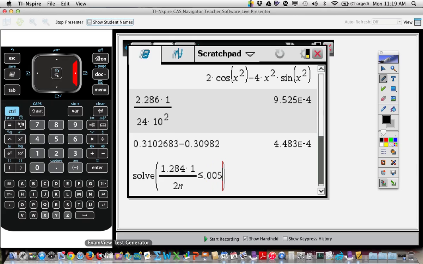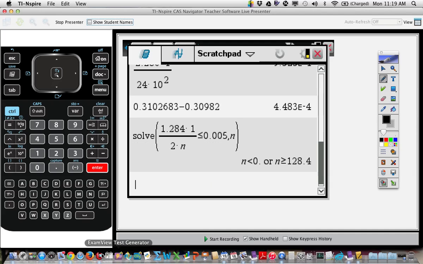Tell it you're solving for n. N can't be less than 0, so we can ignore that, right? So n has to be greater than 128.4. So what would we put for our answer? What was our answer? N is, what does n stand for? Number of subdivisions. So what are we going to put for our answer?